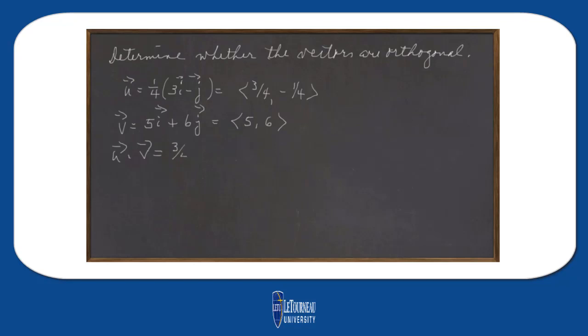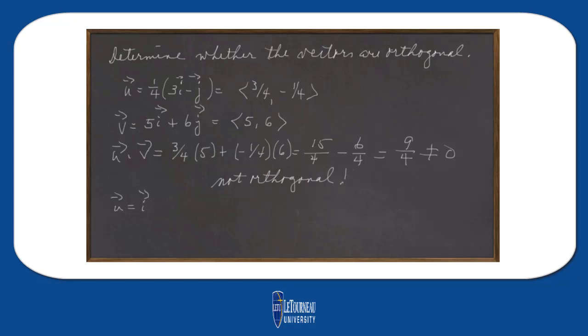The dot product of u and v would be 3/4 times 5 plus -1/4 times 6. 15/4 minus 6/4 would be 9/4, which does not equal 0. So those two vectors are not orthogonal.